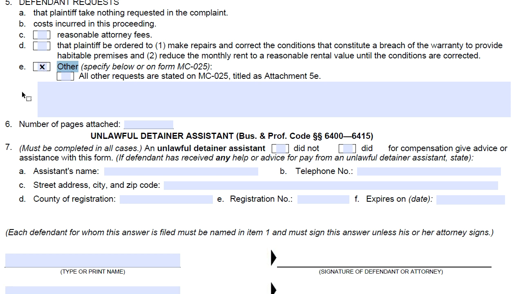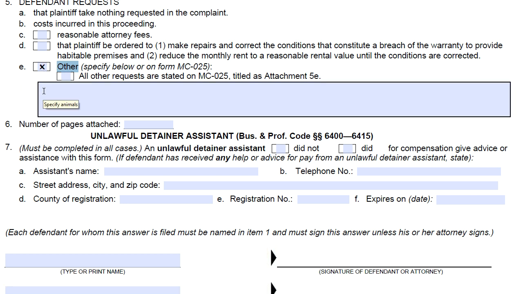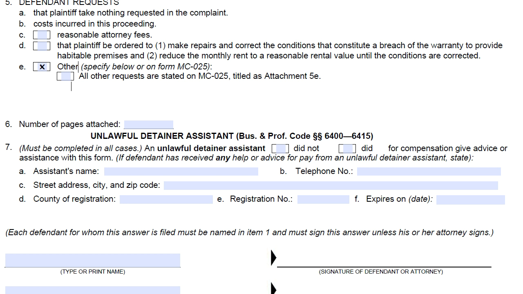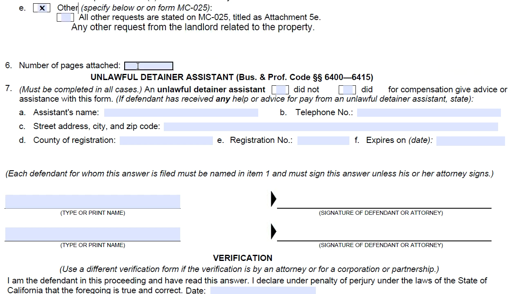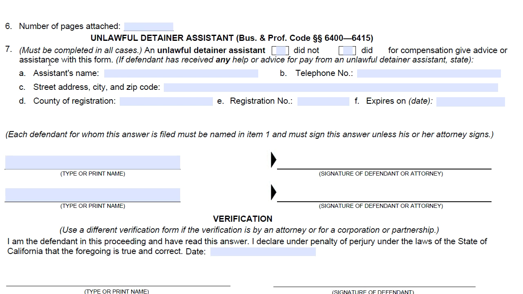If anything else comes to mind, you can type in basically any other request from the landlord. Okay. If you end up attaching other pages, just count up those number of pages and put that number there.